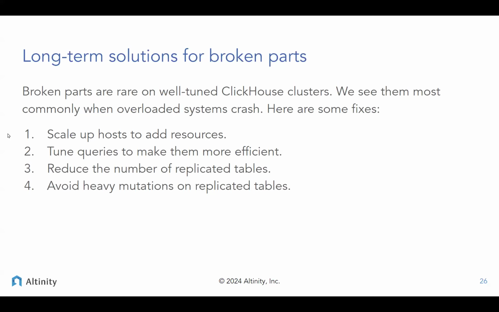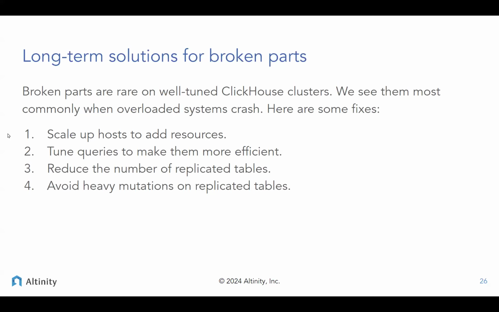Don't overuse replication. ClickHouse works best if you have a few really big tables and a lot of lookups. But if you have hundreds of replicated tables, this is going to create situations where replication could get bogged down.